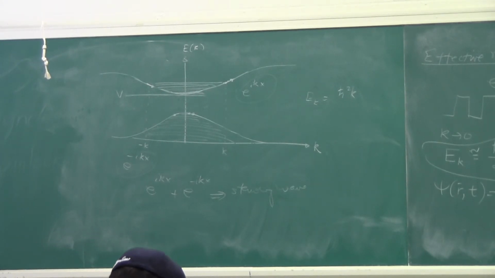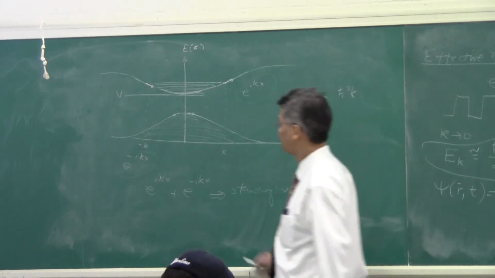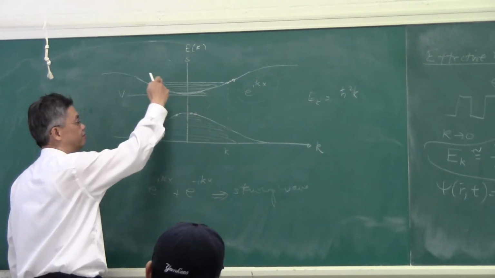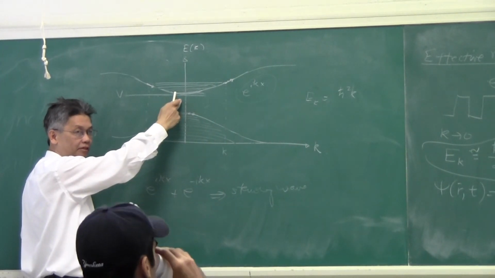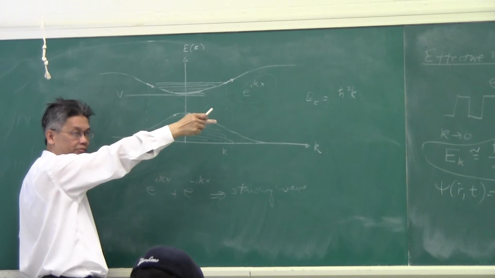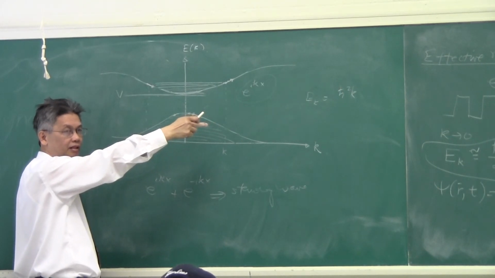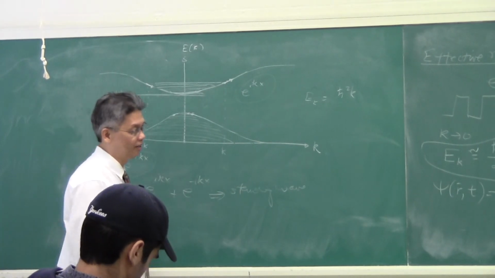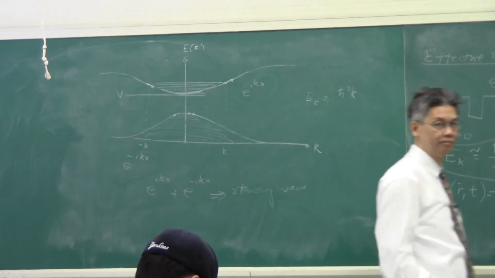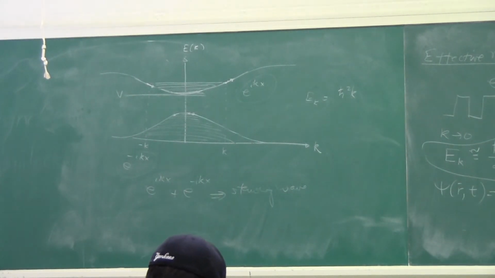Because it's a number that I put in, a number that I pick up from this band diagram. It's the number at the bottom value of this conduction band. I call that number V in my effective mass Schrodinger equation. Okay? Do the band structure calculation. I find the value at the bottom of the conduction band.